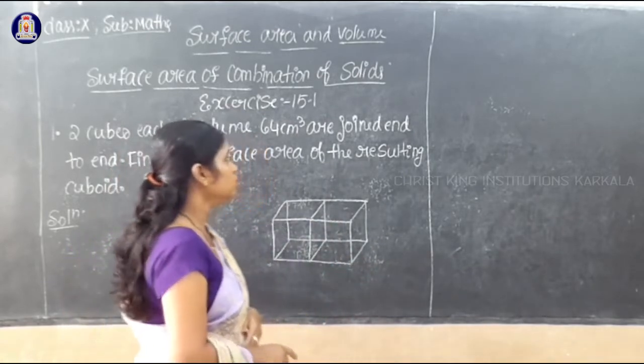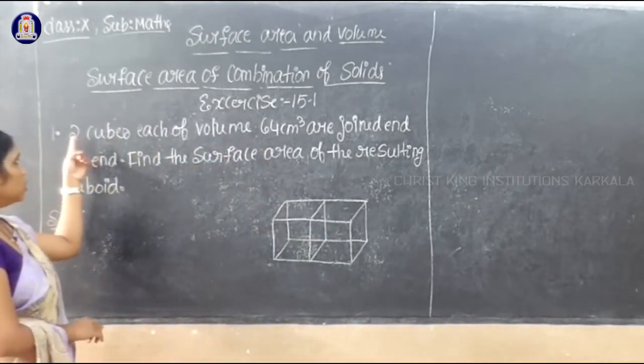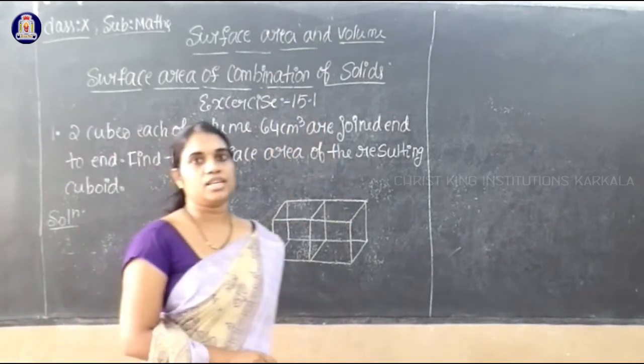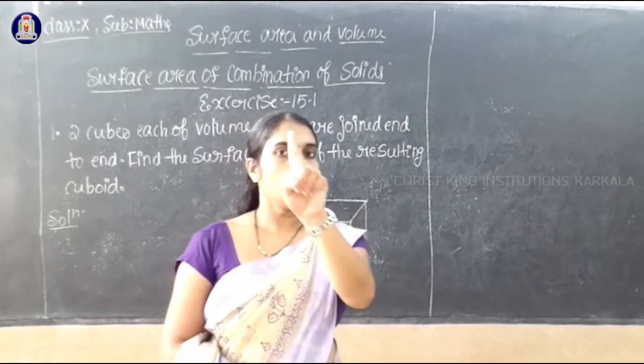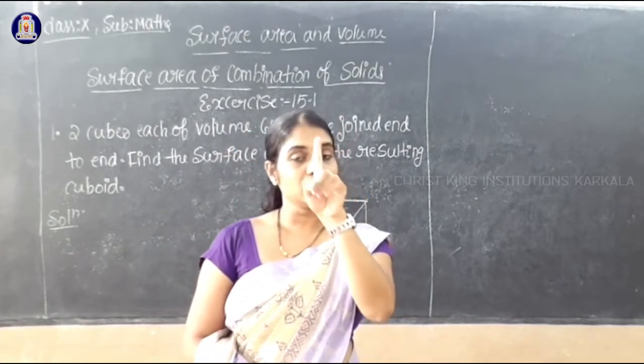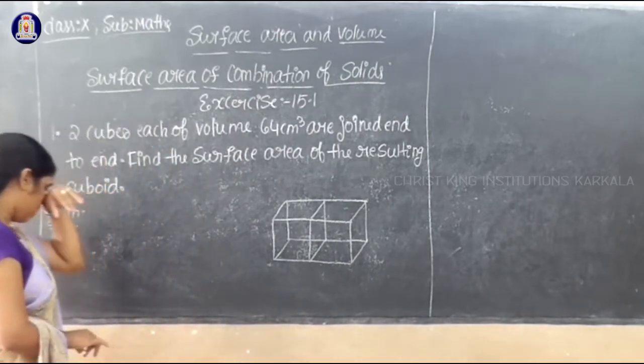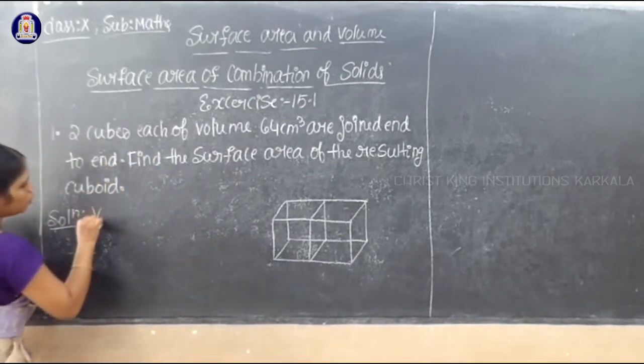Before that, in the question, 2 cubes, each of volume 64 cm cube, means the volume of one single cube is given as 64 cm cube.